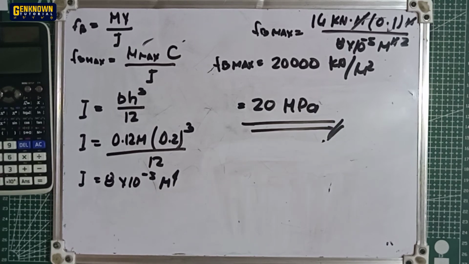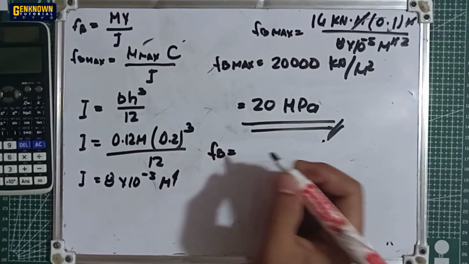To compute the second requirement of the said problem, which is the flexural stress at the point B, which is 25 mm below the top of the beam, we will still use the formula, and with the same moment of inertia.